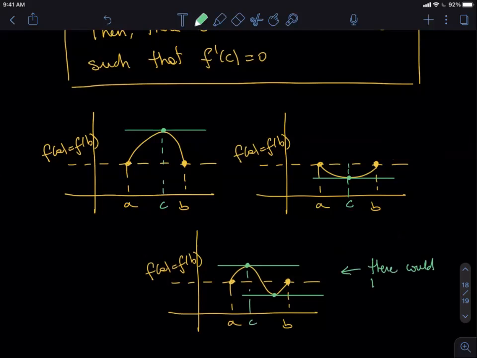So there could be several possibilities for C. In this case, we can call them C1 and C2.